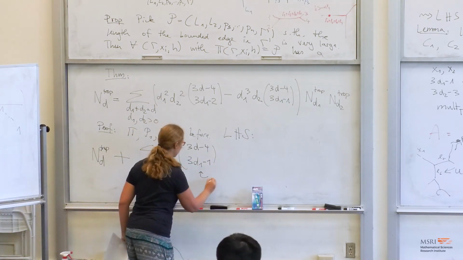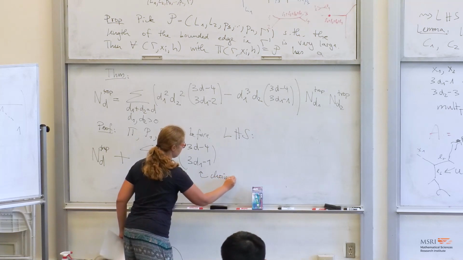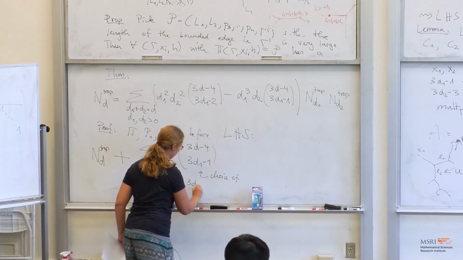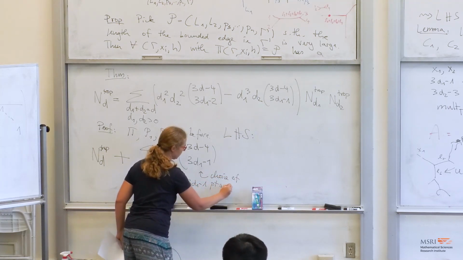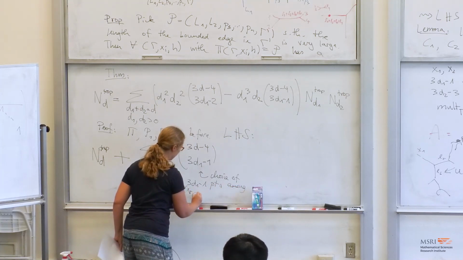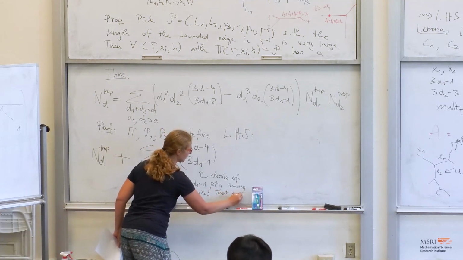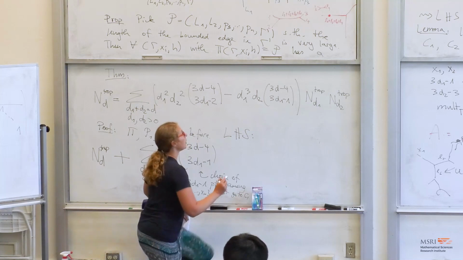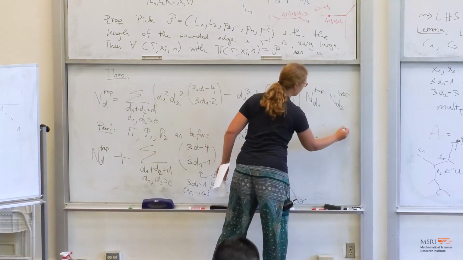So this is the choice of 3D minus 1 points among x5 up to xn that go to C1. So I have my picture with these points.